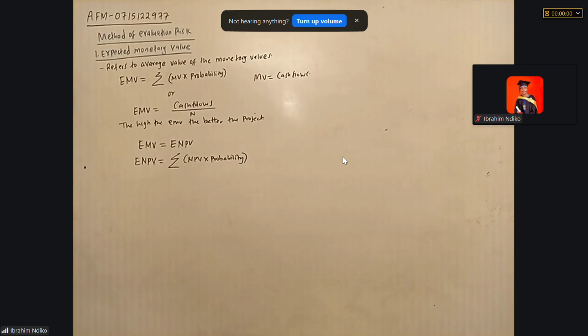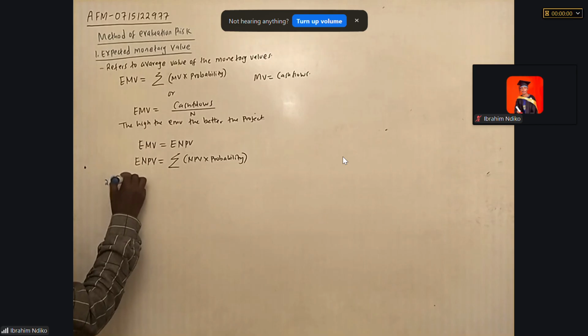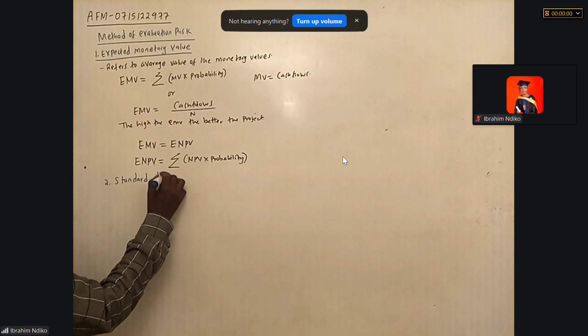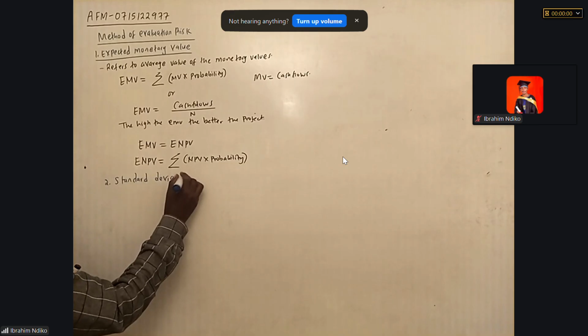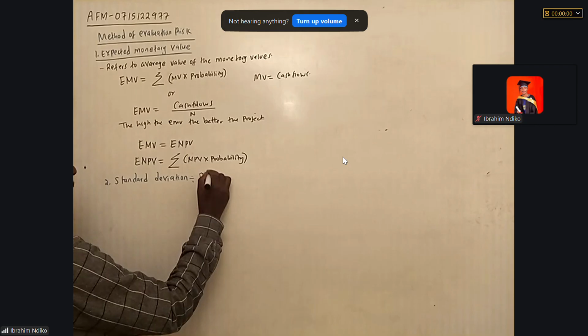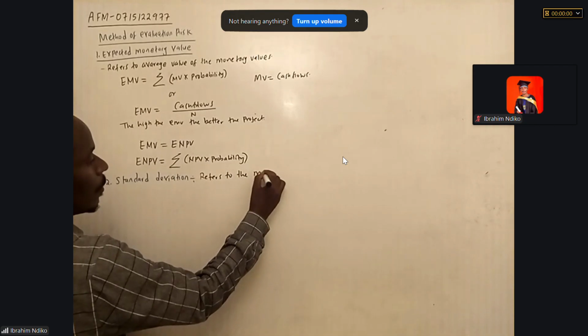Number two can talk about standard deviation. The standard deviation refers to the measure of risk.